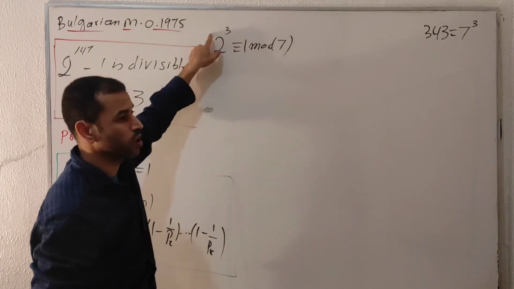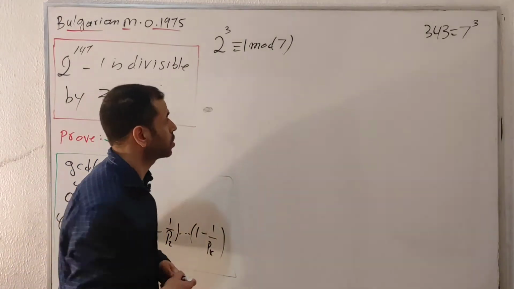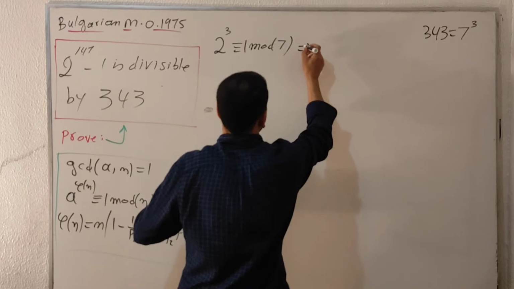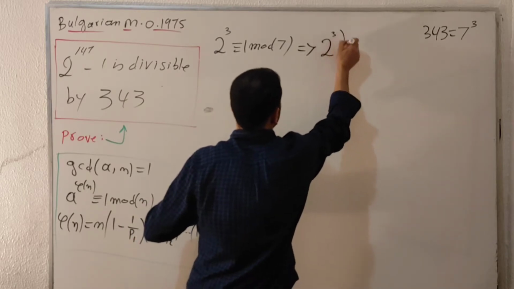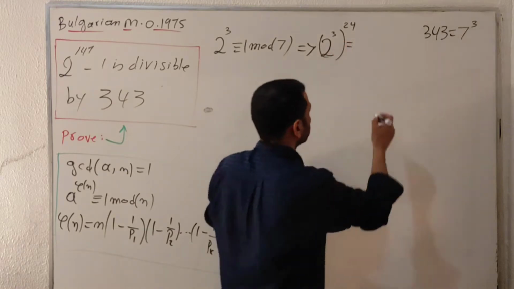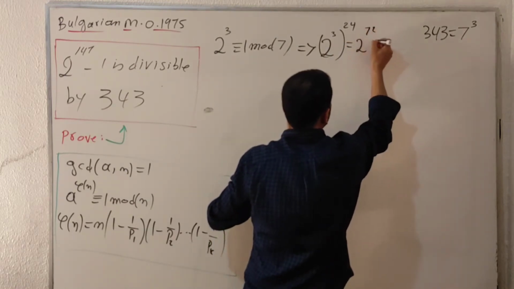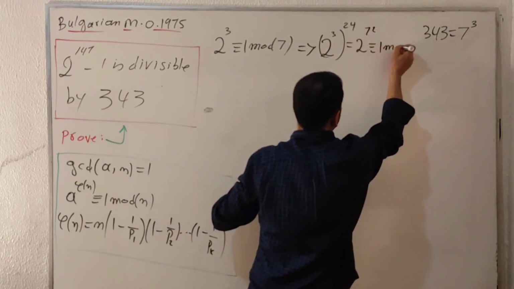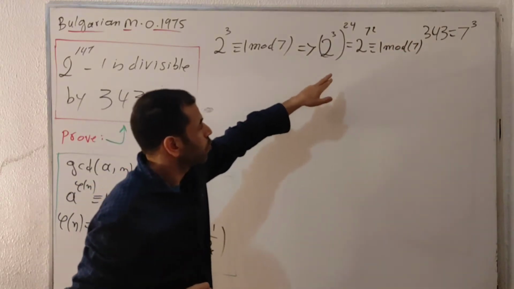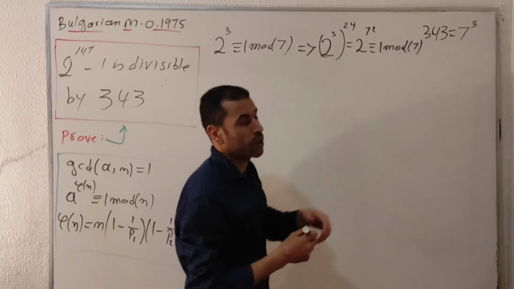Now I'm going to raise both sides to the power 24. Since we have the number 1 here, we have (2^3)^24, which equals 2^72, which is congruent to 1 mod 7. Then I'm going to raise both sides to the power 2 again.